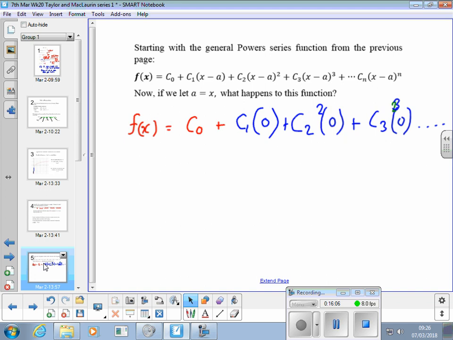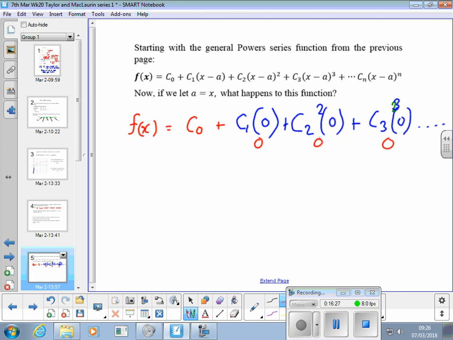It doesn't really matter where you put the square, because if you're multiplying by 0, what does it equal? Nothing. So all these terms equal 0.